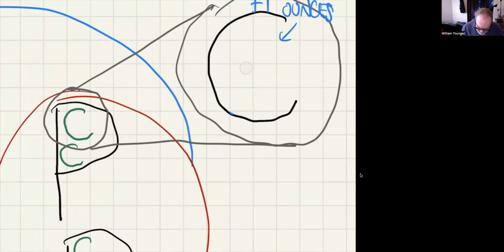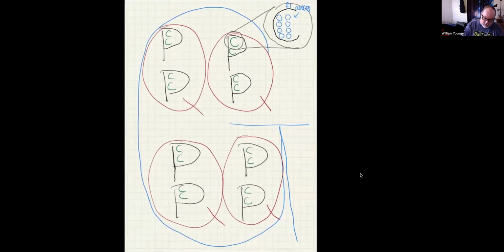I'm trying to remember again. 16 ounces is obviously a pint, and a pint is 2 cups. Oh yeah, it is 8 ounces. My fault. Sorry about that. So I was right. I apologize. Thought for a second there I got confused.